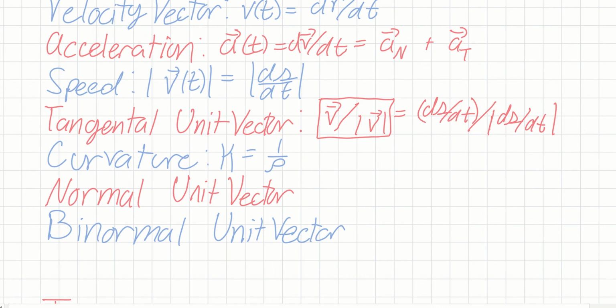So say you're going straight, and then you make a turn where your radius is 5, the distance from where you're at to the center of what you're going to rotate about. That means your curvature is going to be 1 over 5.